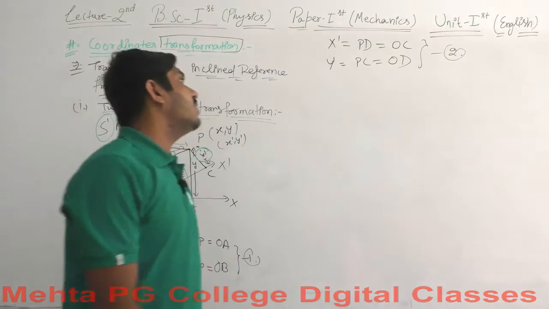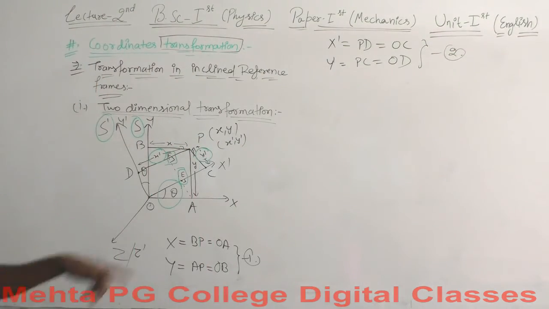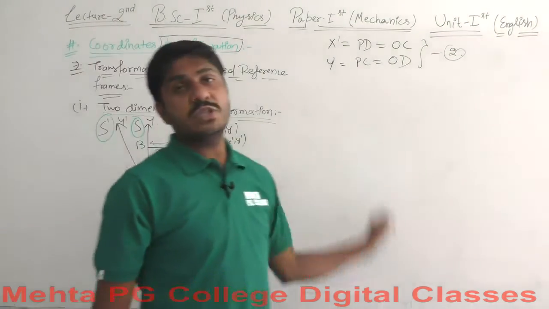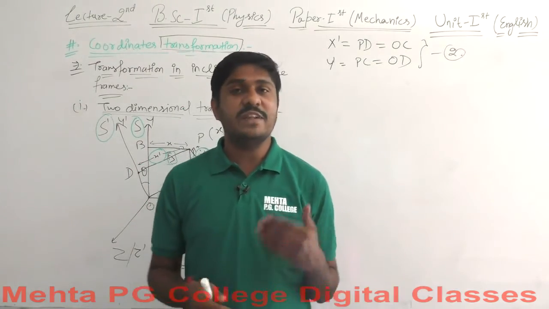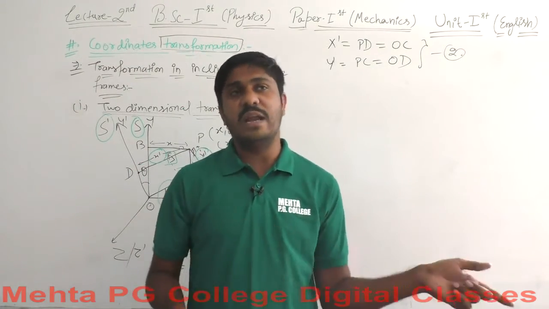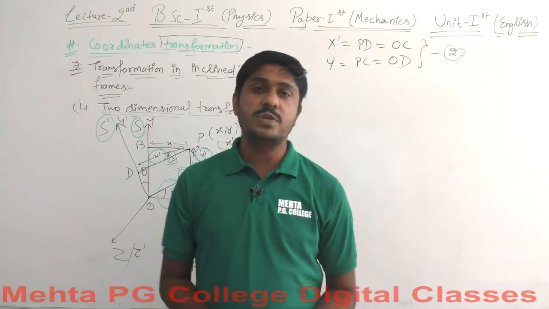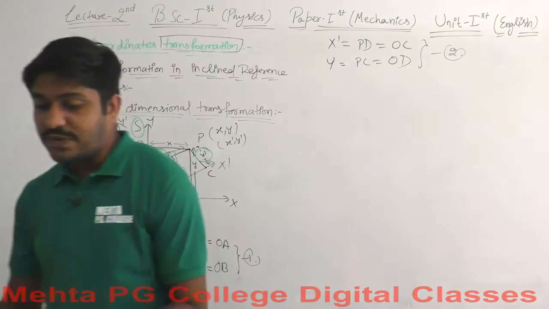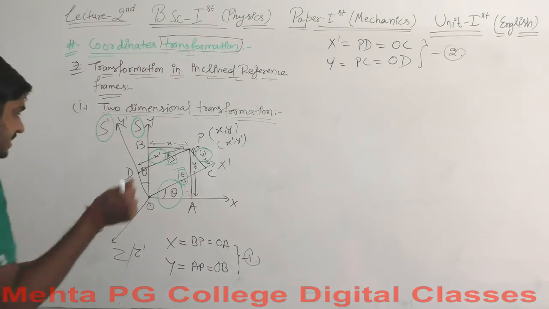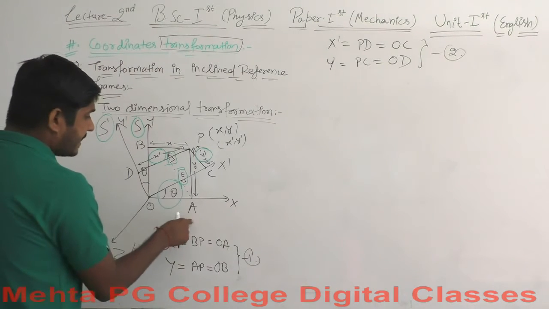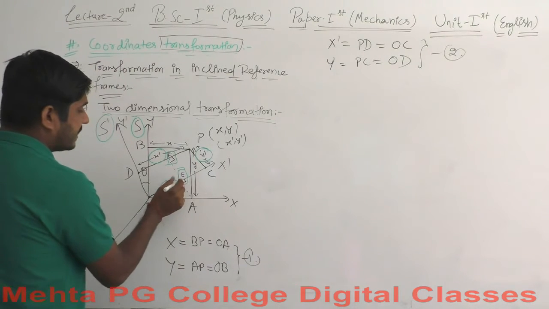Okay, so now we will have to find out the relation between equation 1 and equation 2. First we find out the transformation of displacement, then we will go on to find out the transformation of velocity and acceleration, which are assumed to be understood here. So let's proceed further. In triangle OAE, this is the triangle here.